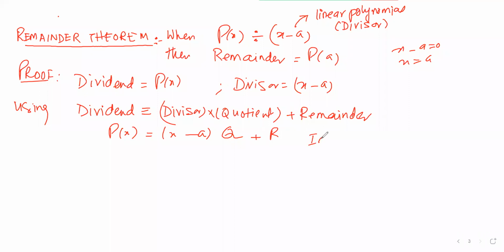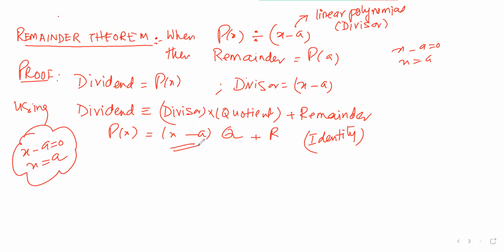What is the definition of an identity? An identity is an equation which is true for all values of x. So this must be true for all values of x. In particular, it is true for x equals a. So putting x equals a, p(a) equals a minus a into some quotient plus remainder.